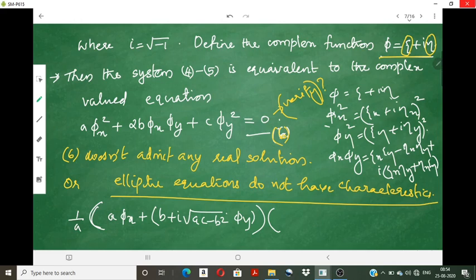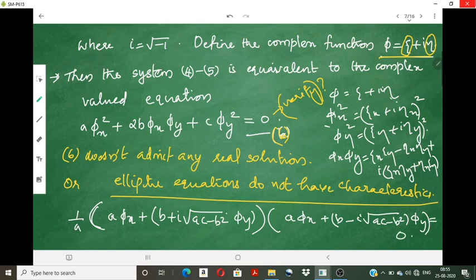Since φ is a complex valued function, we write √(b² − ac) as i√(ac − b²).